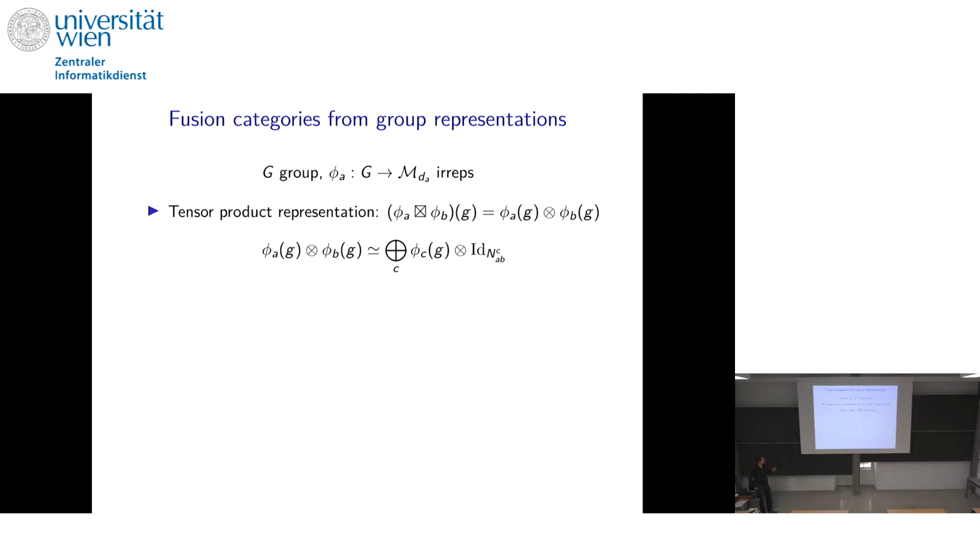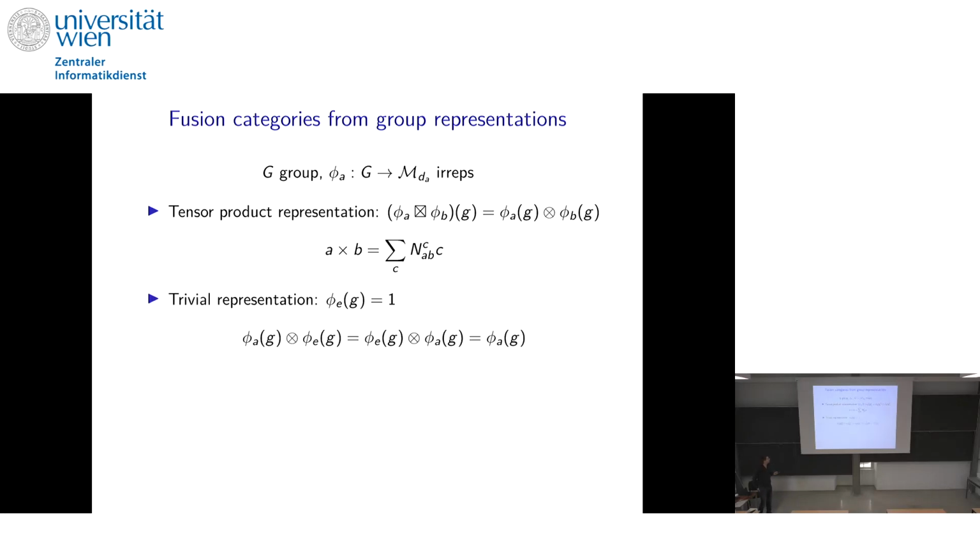So for example, if I take irreps A and B, their tensor product decomposes to a direct sum of irreps C, each of them appended with some multiplicity. For ease of notation, I can just write that A fusing with B is the same as the sum over C of N_AB^C times C. There is also a trivial representation, and this trivial representation has naturally the property that when you fuse it with anything, it leaves the given representation.